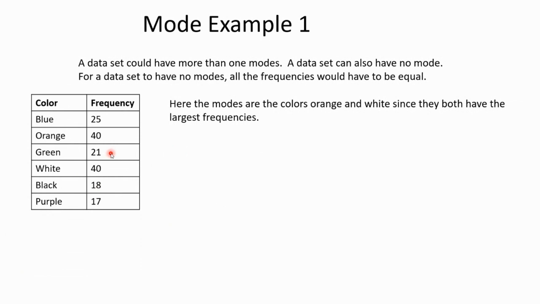You can have a data set that has more than one mode. As over here, orange appears the most often, but the color white also appears just as often as orange. Both of them appear the most often, so they're both the mode. So you can have data that has more than one mode.